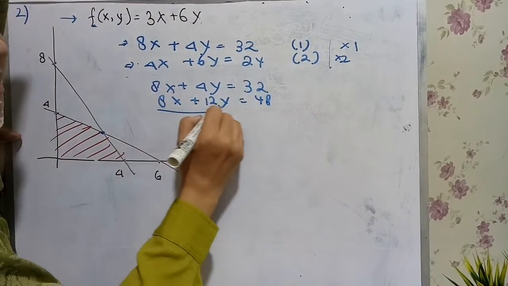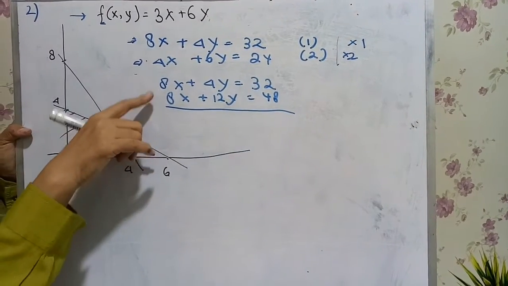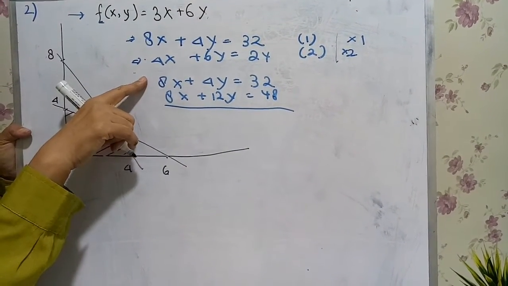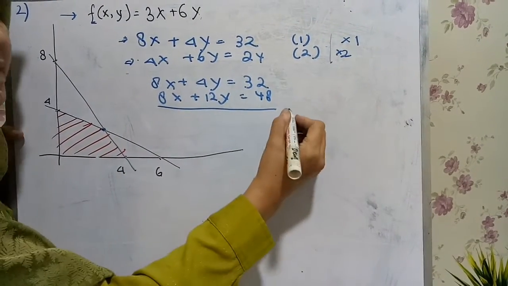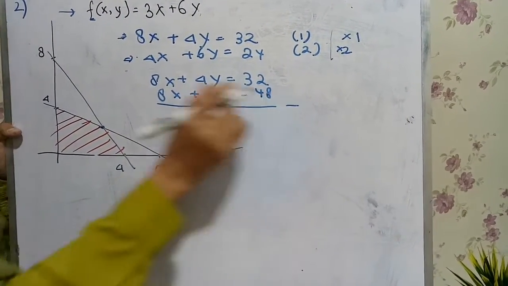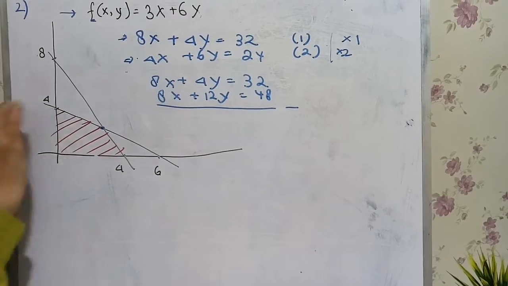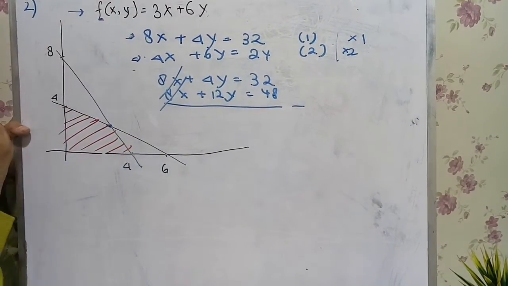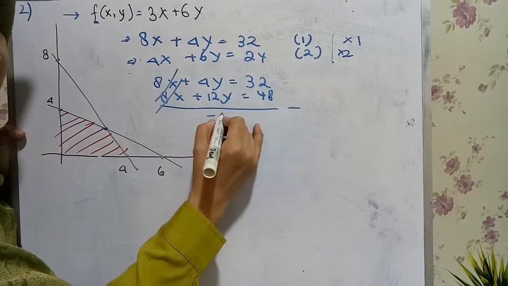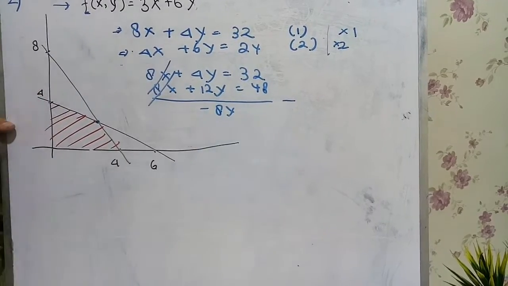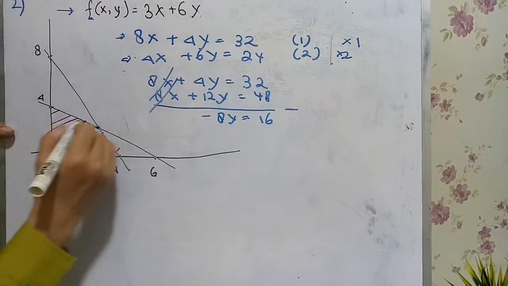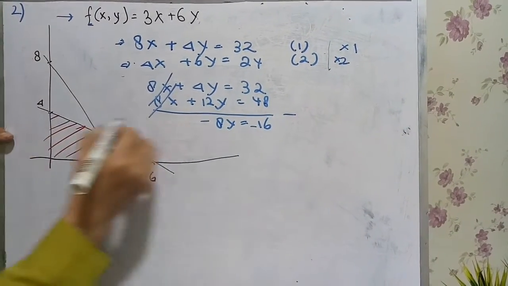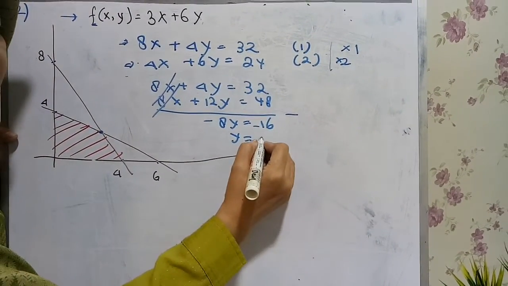Since both x terms are positive, we have to subtract these two equations. We have minus 8y equal to minus 16, and y is 2.